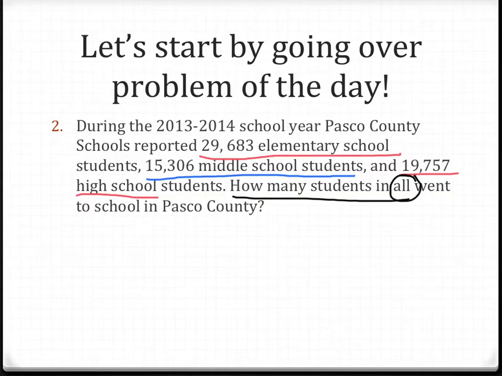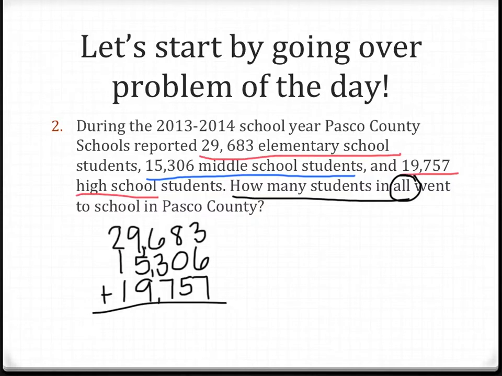Again, when I think in all, they want a total. So to find the total, I'm going to add again. I chose to line up all three numbers to do my addition. I look at my numbers and I see 3 plus 6 plus 7. I know 7 and 3 is 10, and 6 more makes 16. 8 plus 1 is 9, and 5 makes 14.